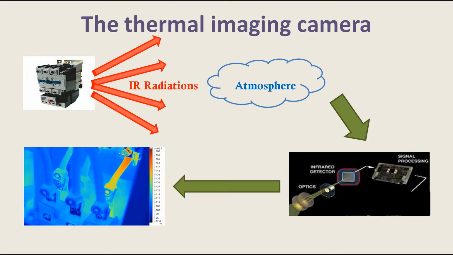Here we can see that an object, when it is hot, is radiating IR radiation into the atmosphere. These radiations are captured by the thermal imaging camera, which converts the entire image into a thermal profile of the object. Now from the different colors of this object, we can identify the faulty area.